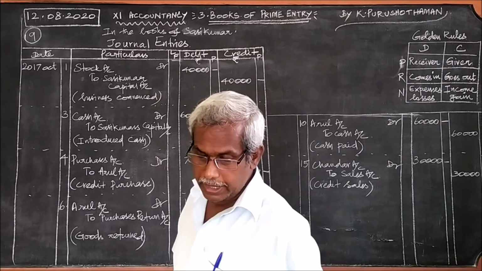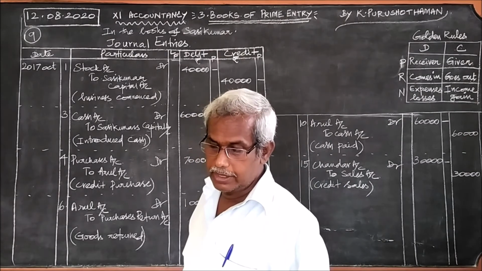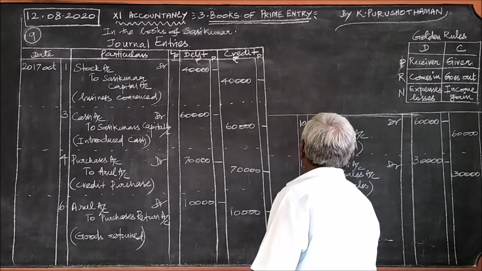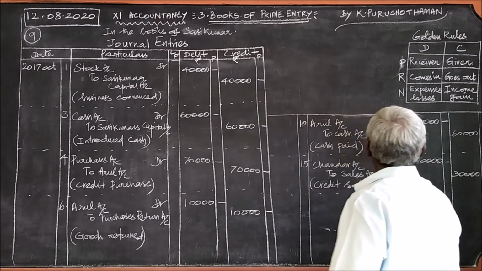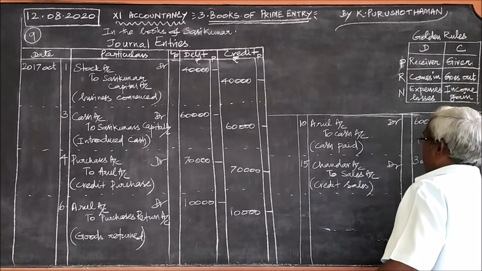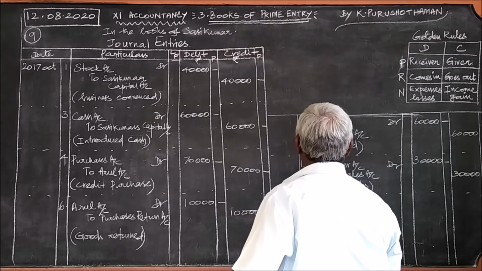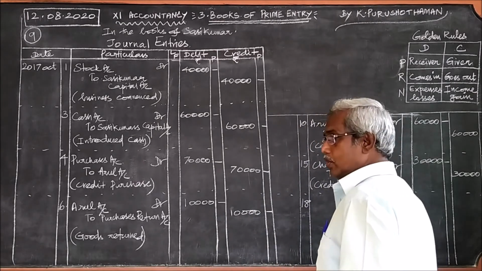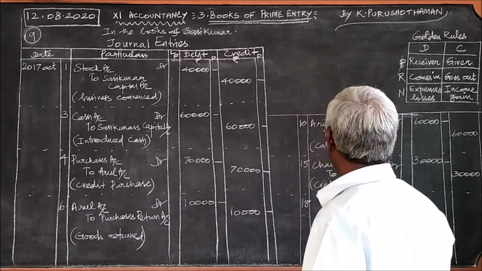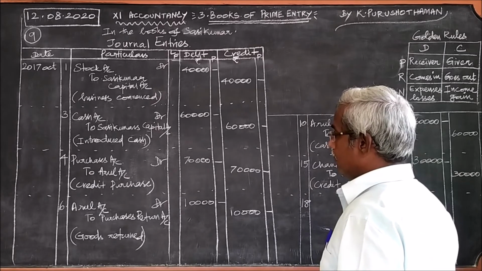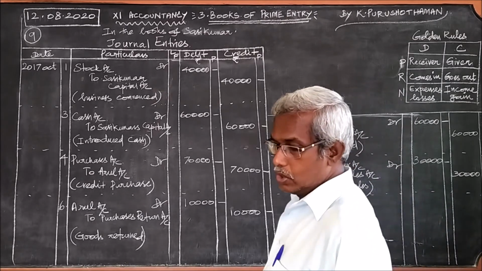Then, after 15th, it is 18th. Chandar returned the goods. Leave a line gap. Chandar returned goods. On 18th, when Chandar returned goods, what happens?